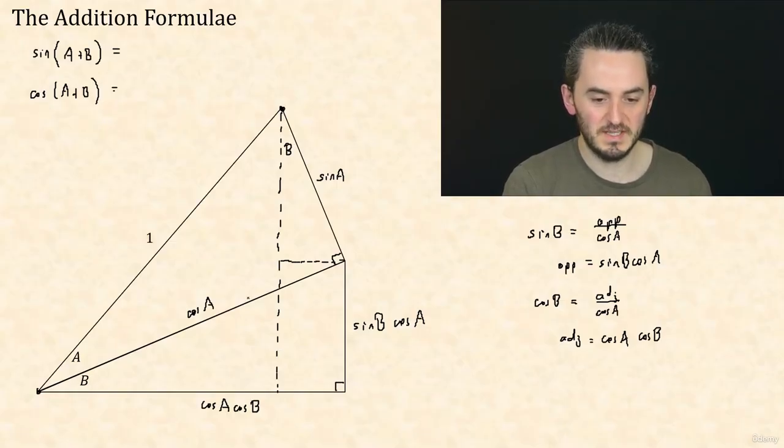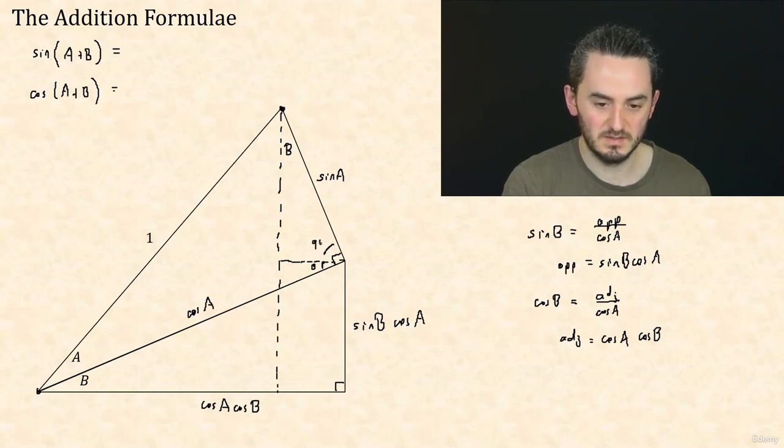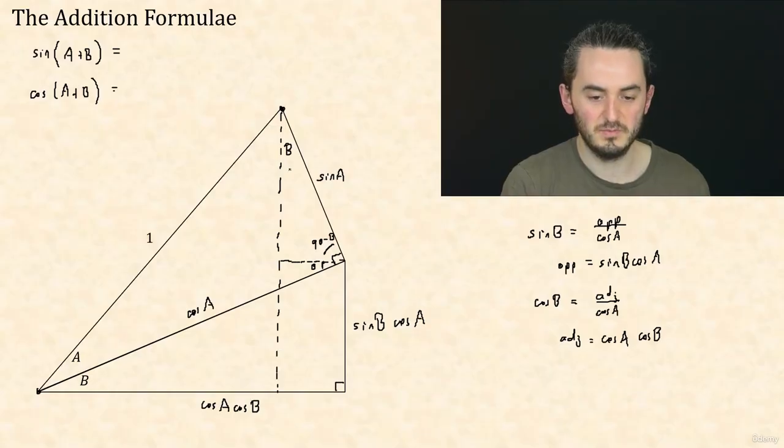Our angle down here is alternate with this one here. So that little angle in there is B, which means that this little section here is 90 minus B, which means that our angle up here is B. So what does that mean for this triangle?